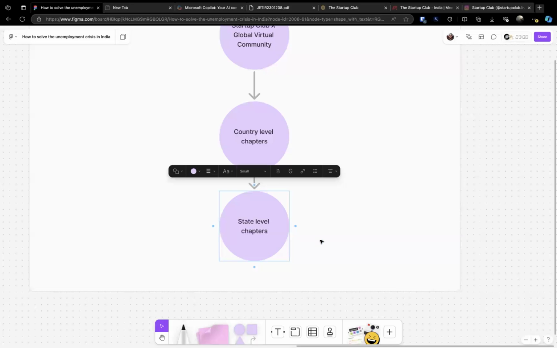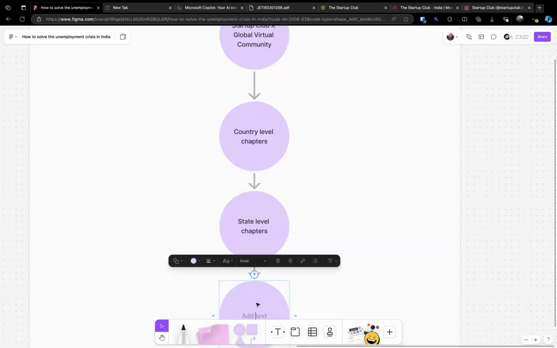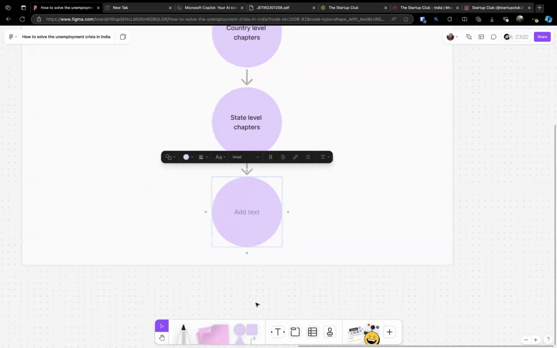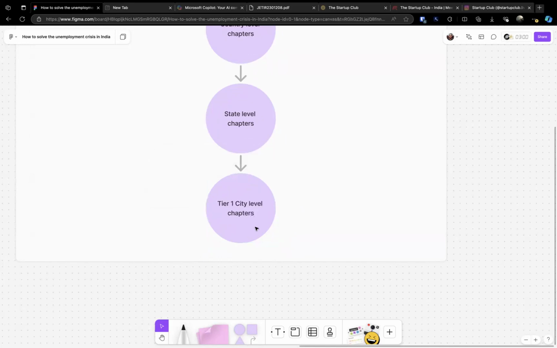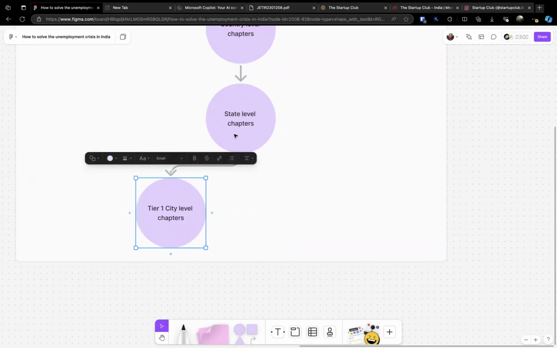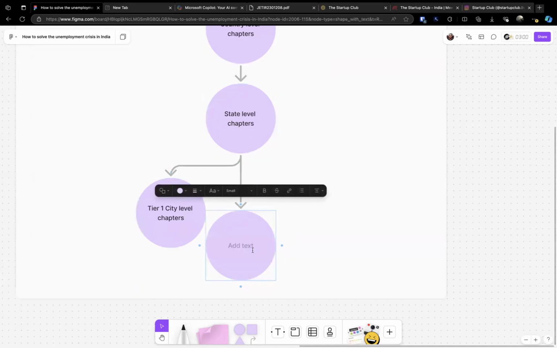And then you have state level chapters. And then you have tier 1 city level chapters. And you also have tier 2 city level chapters.